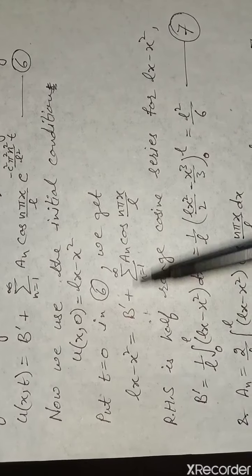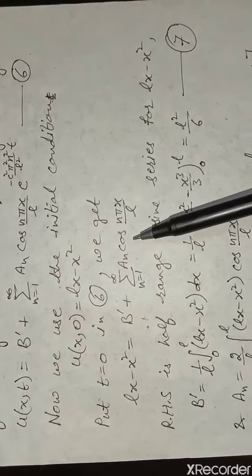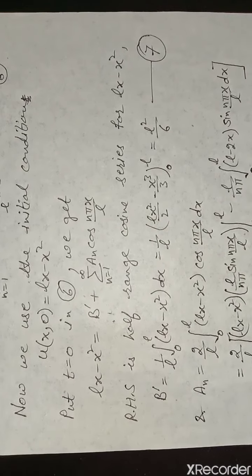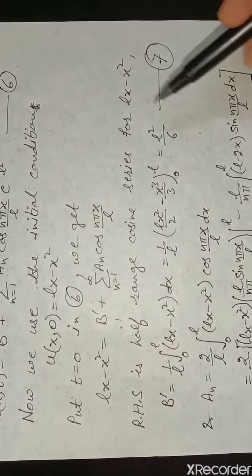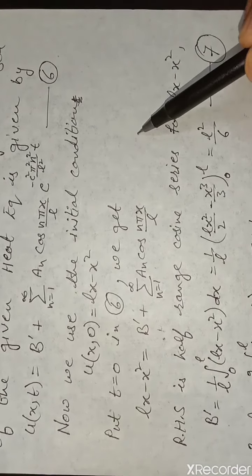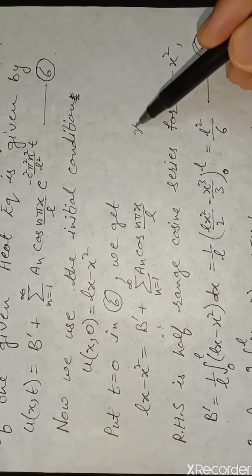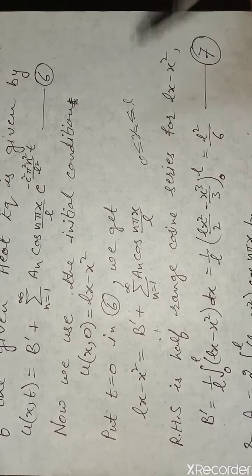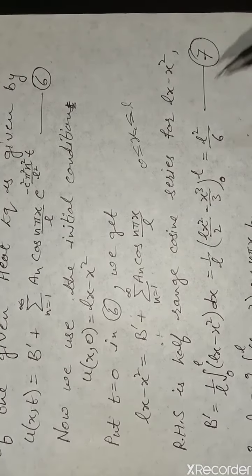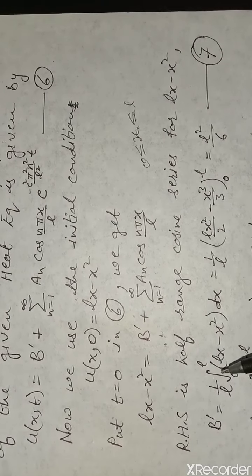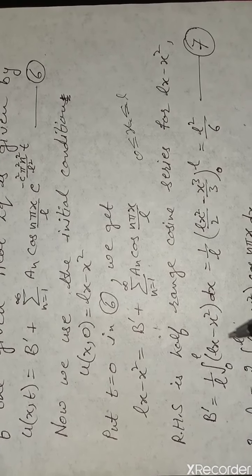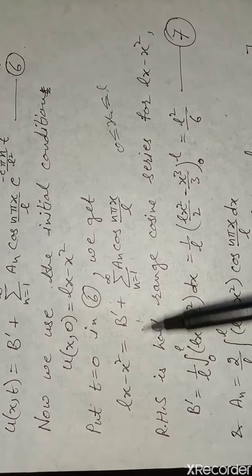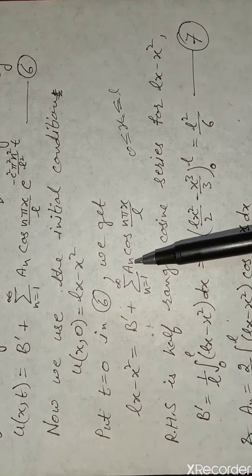Now you can see this is a series, a cosine series, a half range cosine series, because x is less than or equal to L and greater than or equal to 0. So now we use the concept of half range Fourier series, where b dash and an's are Fourier coefficients.